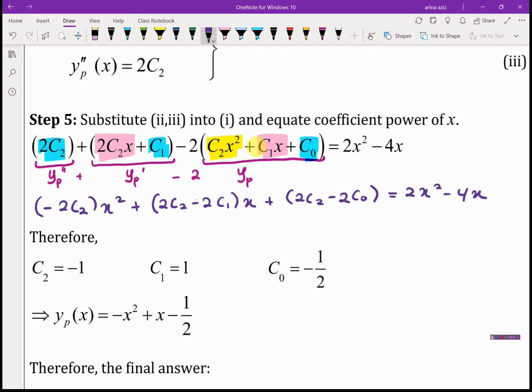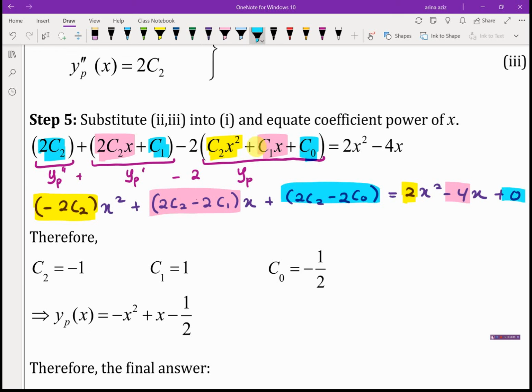So what we do next is compare the coefficient for x squared here with the coefficient for x squared there. And the pink one, the coefficient for x, we can compare with the coefficient for x here. And the last one, the blue one, on the right hand side we cannot see, right? But it is actually plus 0.